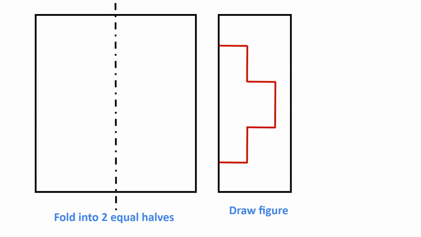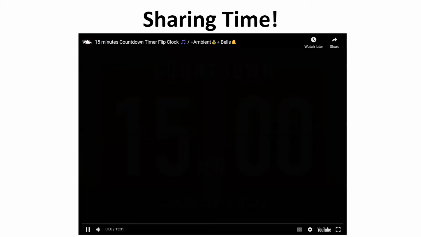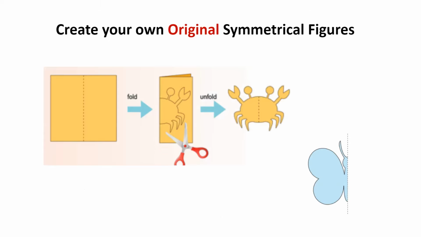Yep, draw the figure along the fold line. Yeah, do the same thing first. Can we do all the same one first? Later I'll give you an opportunity to draw your original designs, okay? So after that we will have original figures like this, okay? So we have other ones later.